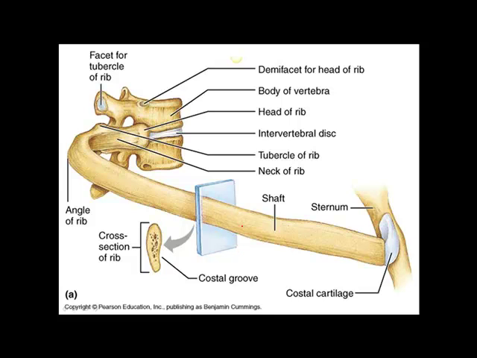So when we get to the ribs and the spinal cord, it's far more complex. So here's a great picture to study. Here's a vertebrae, and the ribs are only attached to thoracic vertebrae.